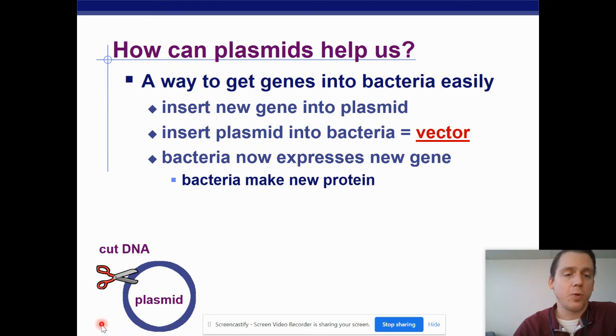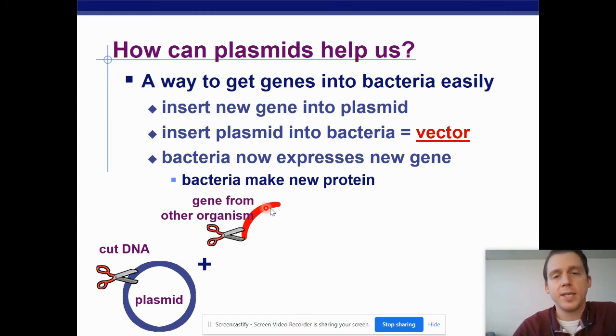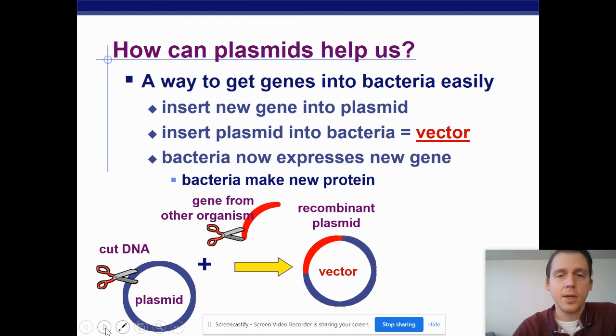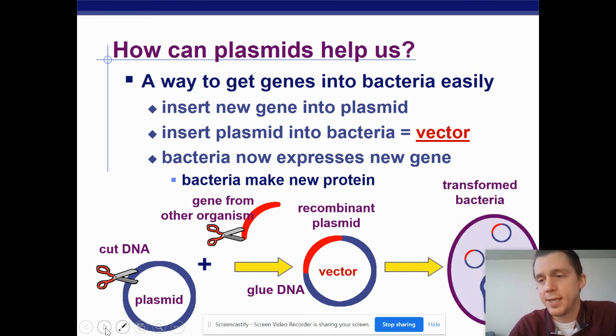For example, we could cut a bacterial plasmid, and take a gene that we have, that might be helpful, maybe a gene to produce insulin, and insert that gene, the gene for insulin, into the bacterial plasmid. Then we can stick it in a bacteria, and the bacteria will express that gene. So it's a pretty amazing thing we can do, basically engineering a bacteria to do what we want.